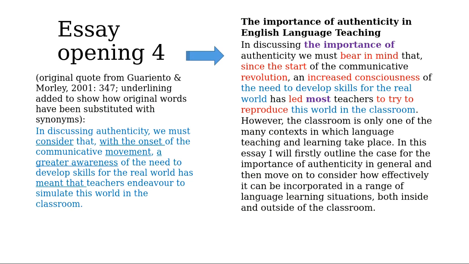So here I have used 3 different colors to indicate the kind of problems that are arising here. First of all, some of the original phrasing has been repeated verbatim, and that is in blue text. Okay, so the need to develop skills for the real world, and this world in the classroom, these are taken directly from the original source.